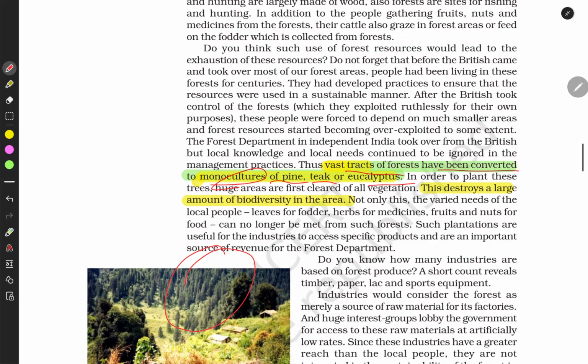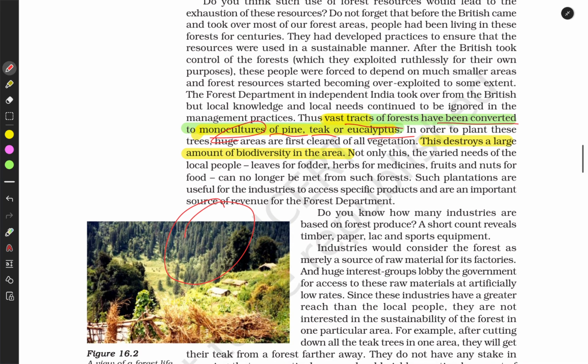Now, what the Britishers did for their own gain, for exporting wood, was to plant the same species of plant. So this was a monoculture. Mono means one, culture means growing of some plants. So monoculture of pine, teak, eucalyptus, and they also destroyed a large amount of biodiversity in our area.